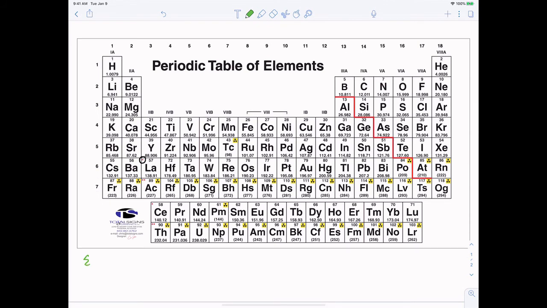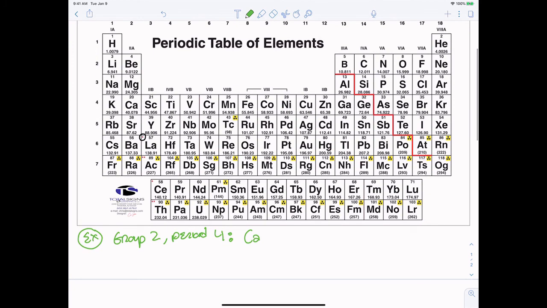Let's write it down here, an example of an element that is in group 2, period 4. So group 2, that's this column, right? Period 4, that's this, so calcium. So calcium is my example.